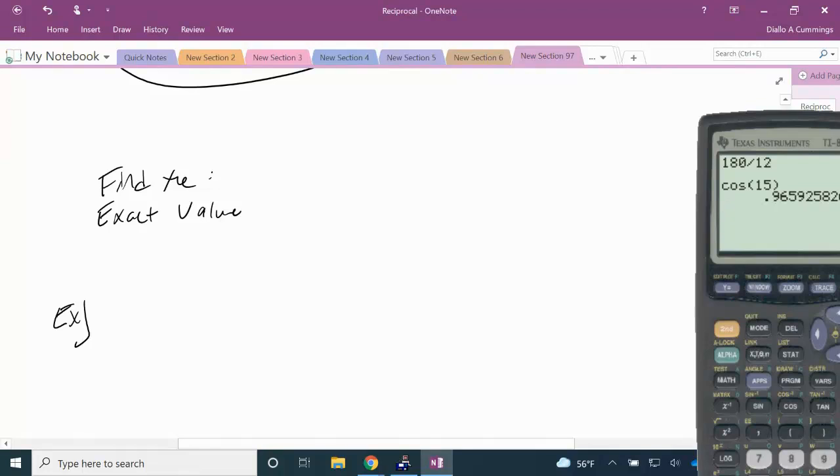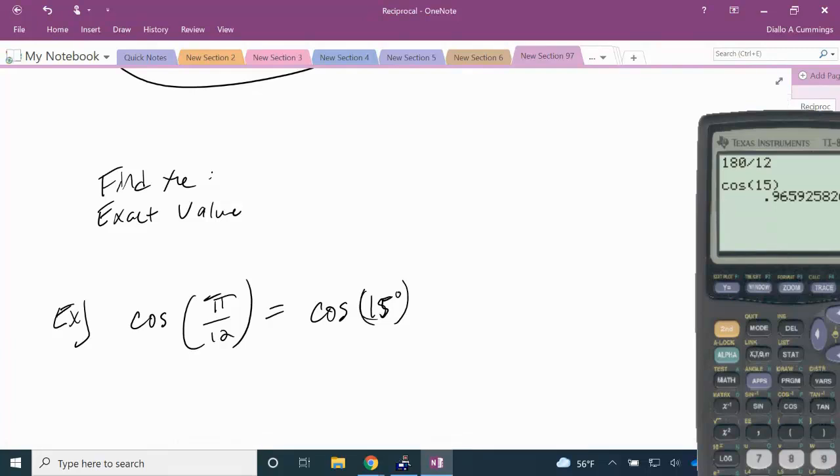All right. So first off, we started with the cosine of pi over 12. From this point, I simply converted the radian measure to a degree measure. So we have the cosine of 15 degrees. When you're working with these sum or difference formulas, it's best to express the angle measure in degrees because the brain works best in degree measures.